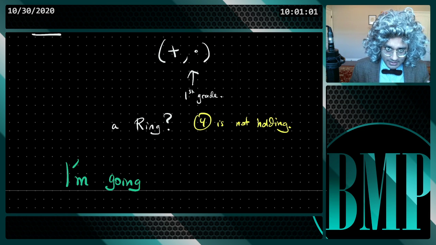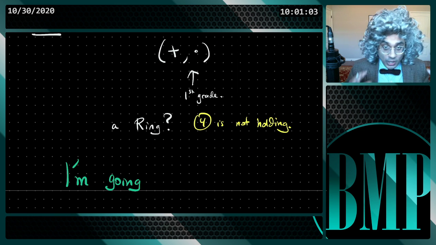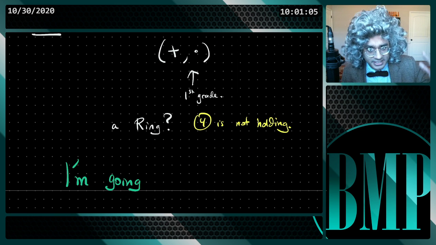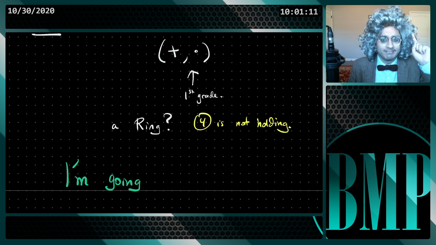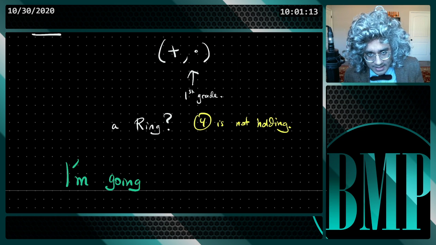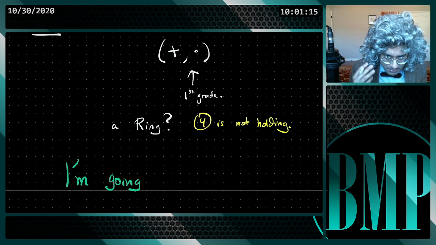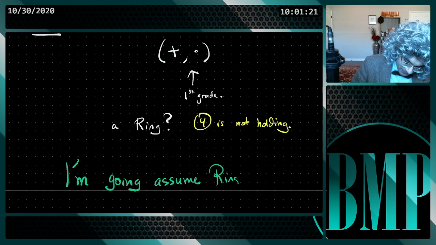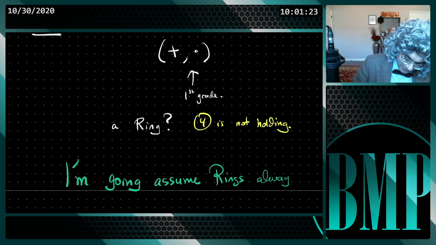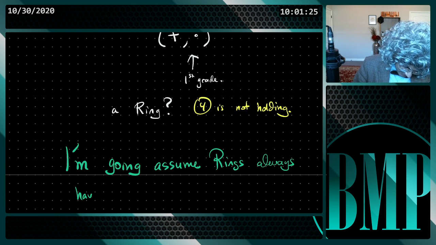I'm going to assume this because in algebra, in algebraic situations, which we're going to be facing for the next year, me and you, in the next semester class, all of the rings we ever think about have a 1, a multiplicative identity. So I'm going to assume rings always have multiplicative 1s.